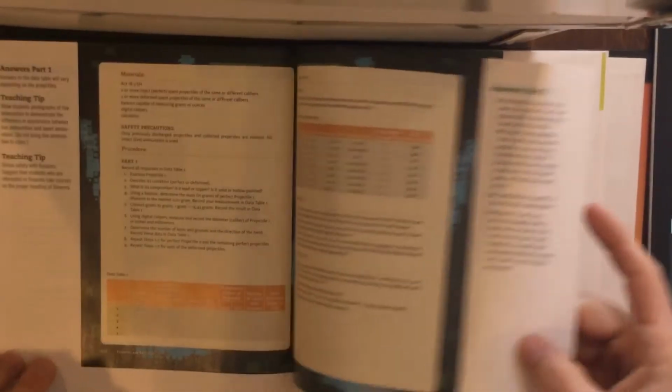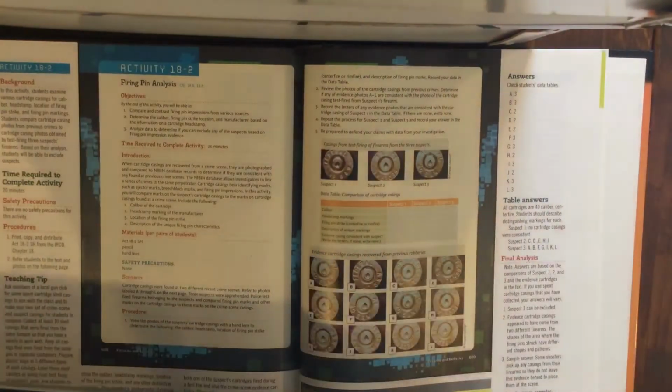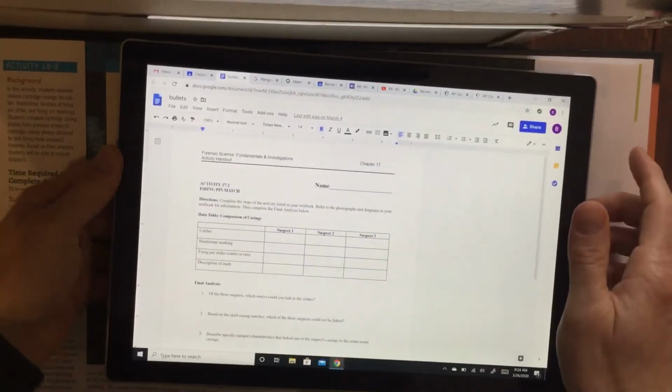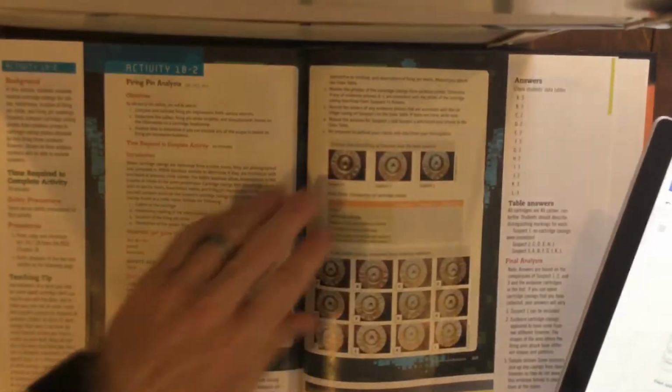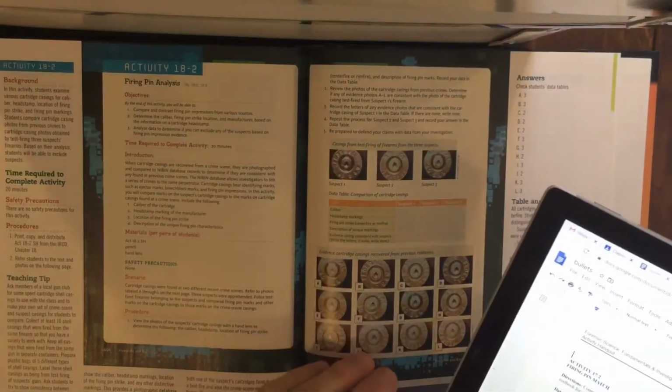I want to go over 18.2 with you quick. I just feel like this is easier than me just typing it. So that's this one here that was attached. When you look at these pictures, suspect 1 can be eliminated. None of these match suspect 1.